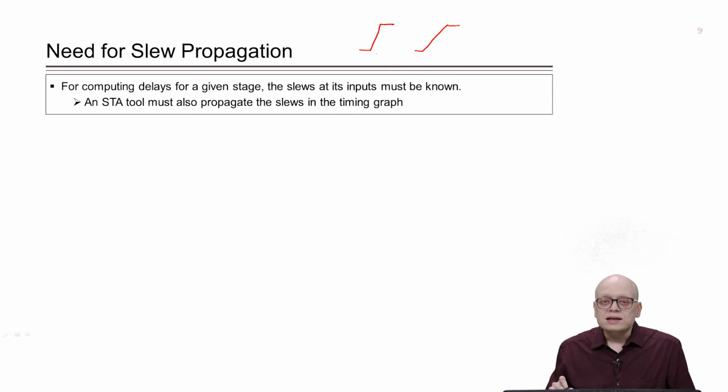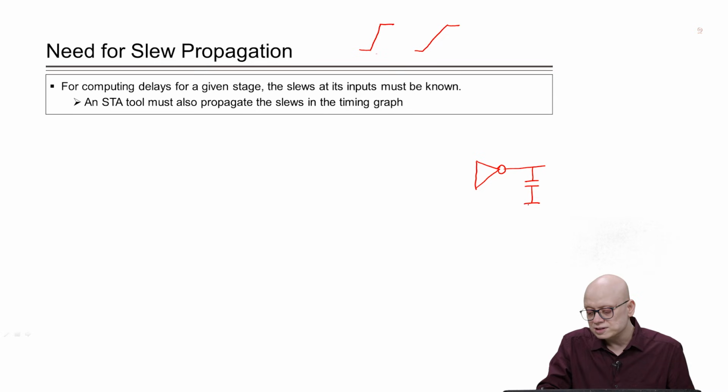Now, in the last lecture, we had seen that given a stage, a timing tool needs to compute its delays using various information. For example, if there is an inverter which is driving an interconnect and an input pin, this forms a stage.